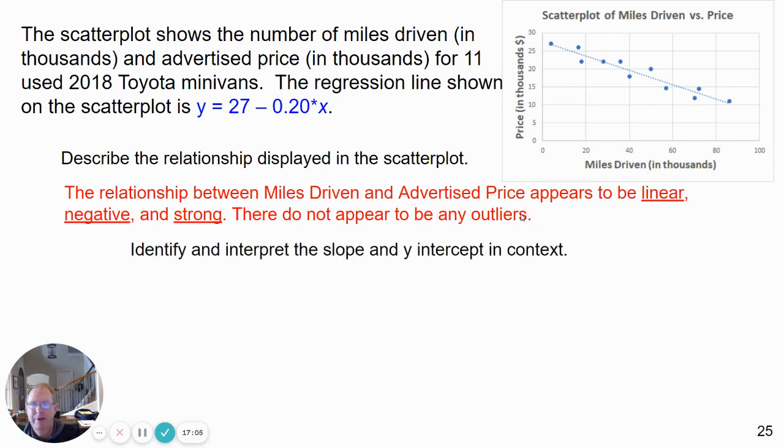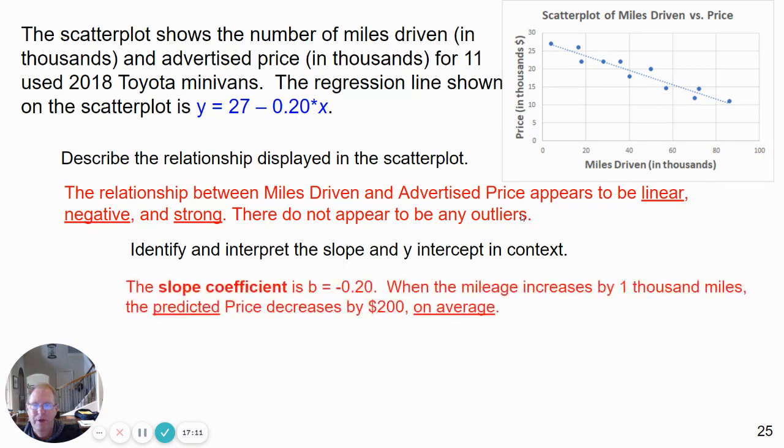Then we can ask you to identify and interpret the slope and the y-intercept. So let's talk about the slope first. The slope coefficient from my equation is minus 0.2. So when mileage increases by 1,000 miles, the predicted price decreases by $200 on average.